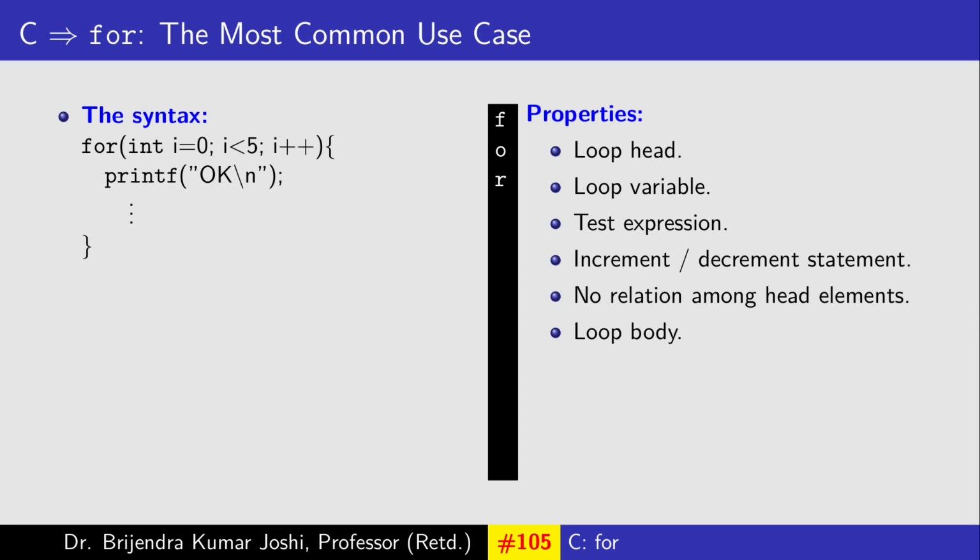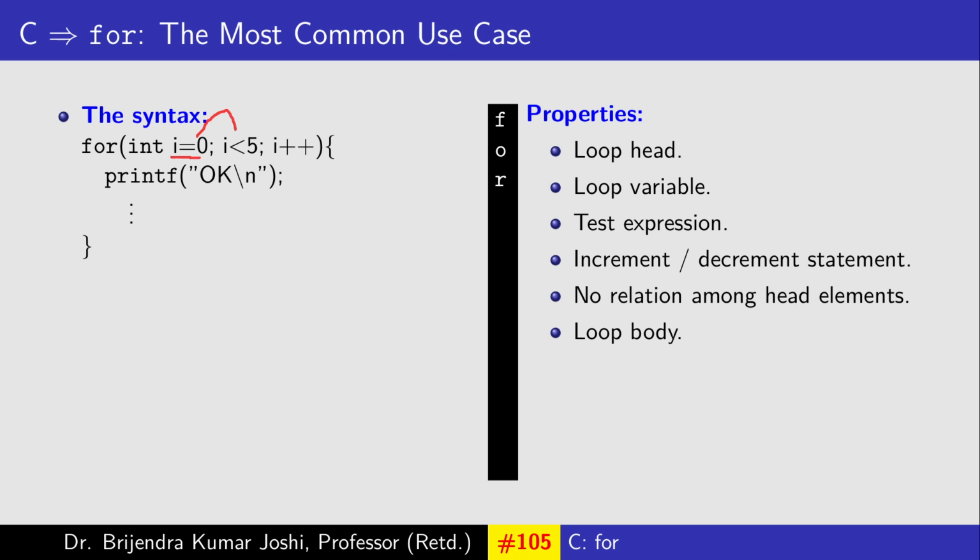Now the most common use case. On the left-hand side you see I have declared one variable of type integer, assigned a value 0, initialized. So this is the initialization phase. Then the test expression: i less than 5, is it true? Yes, it is.